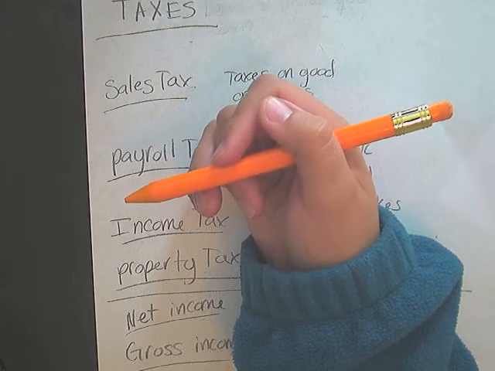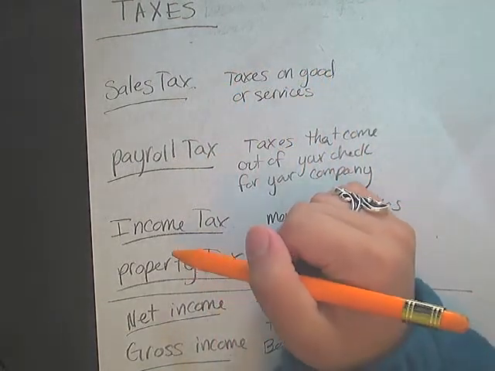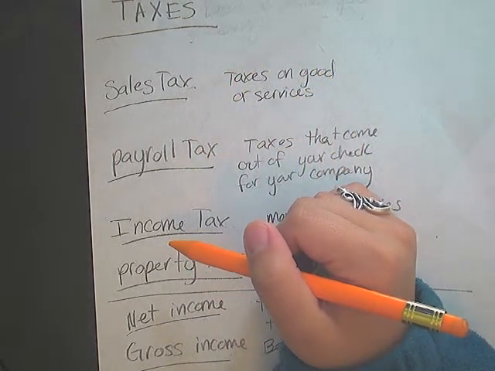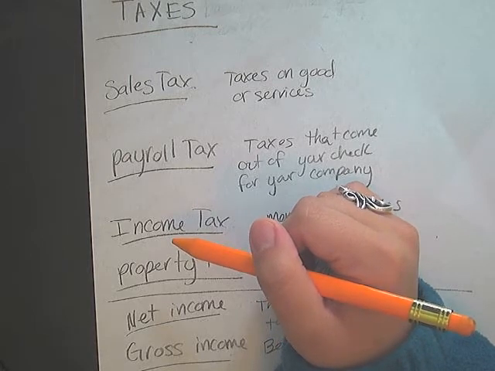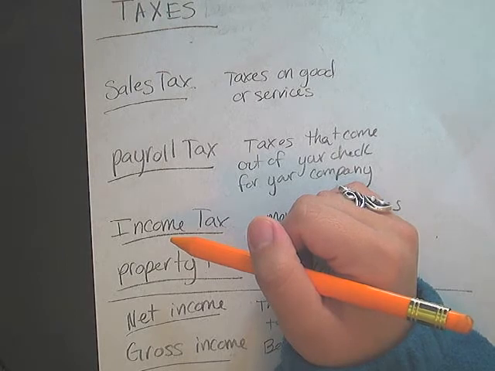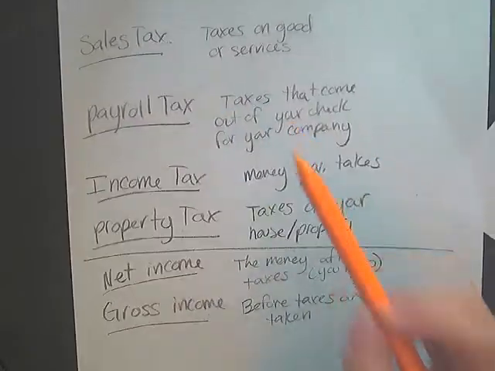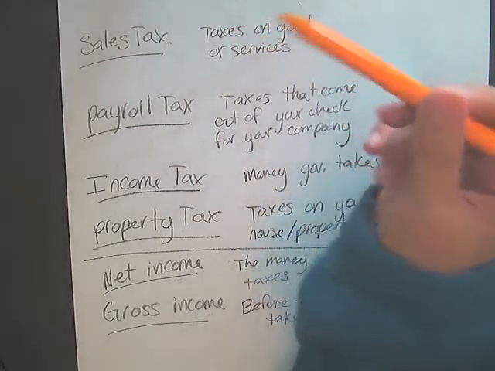A service is an act, something that they do, like fixing your car, giving you a foot massage, or getting your nails done. Anything that something gets done is your sales tax on goods and services.